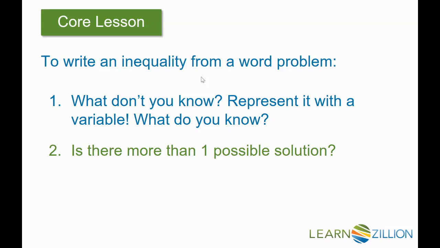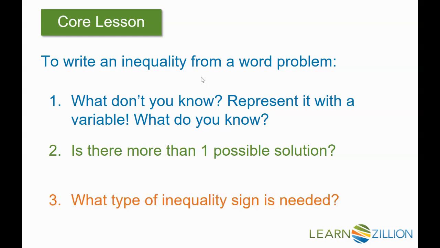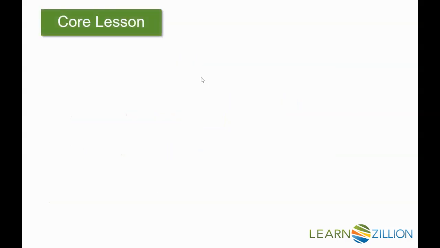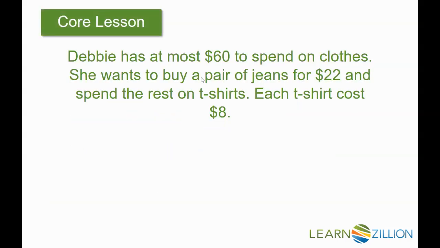Okay? Then we need to ask ourselves, is there more than one possible solution? And in this scenario, we definitely think there's going to be more than one possible solution. And we need to ask ourselves, what type of inequality sign is needed, right? All important information. So here's the scenario again.